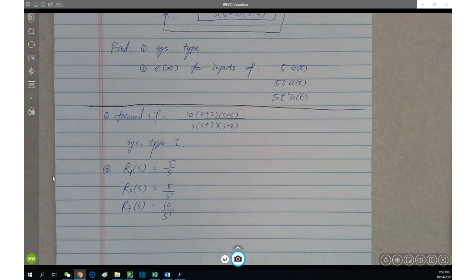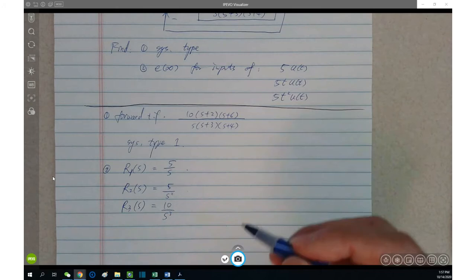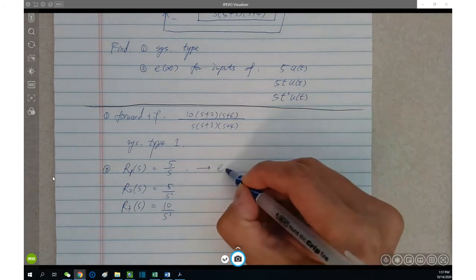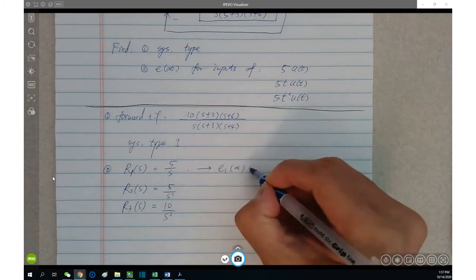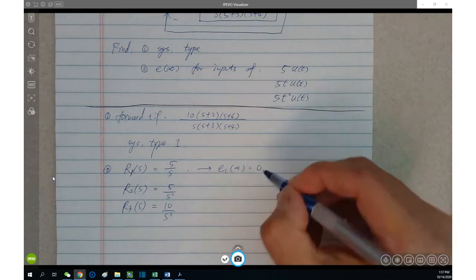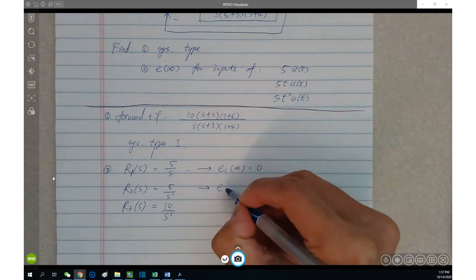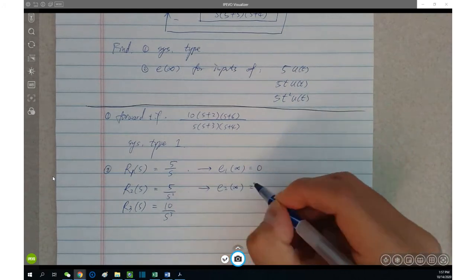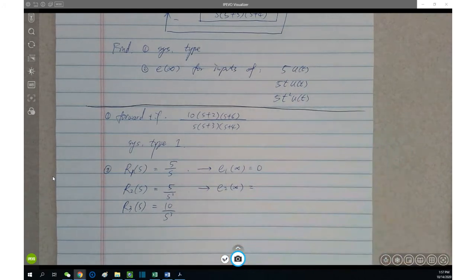And once again, we need our summary table, where we can find the type 1 system. What do you see? Anyone? This one equals what? 0. Good. This one equals what? Something finite, a constant.